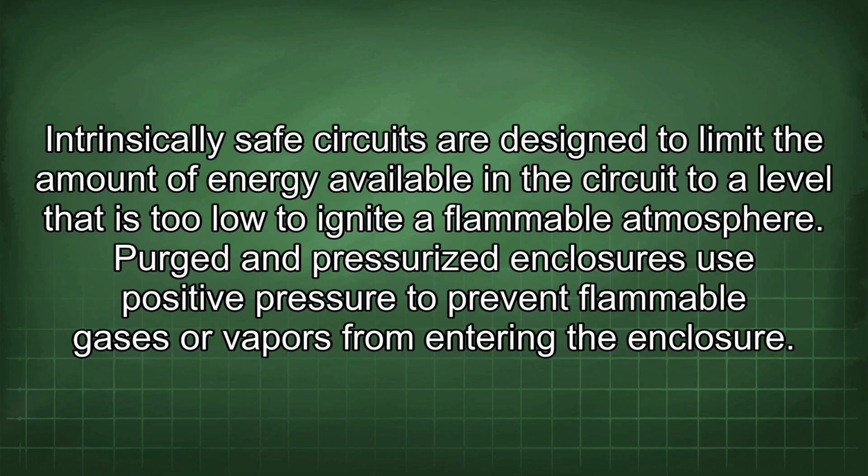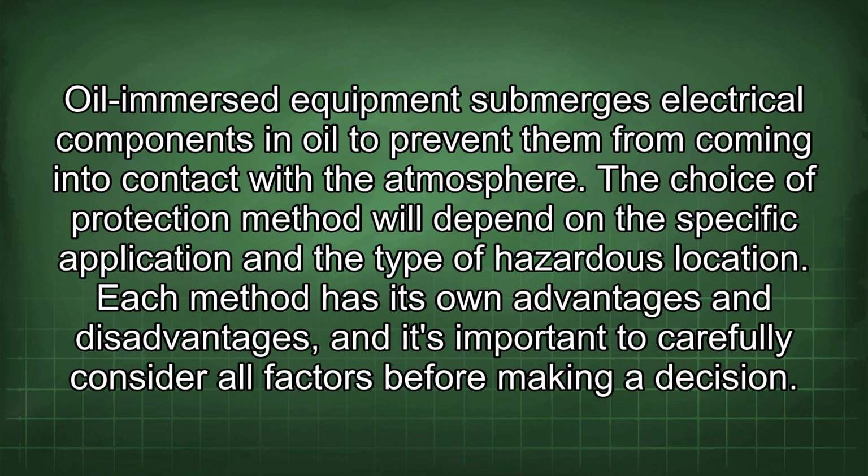Purged and pressurized enclosures use positive pressure to prevent flammable gases or vapors from entering the enclosure. Oil-immersed equipment submerges electrical components in oil to prevent them from coming into contact with the atmosphere. The choice of protection method will depend on the specific application and the type of hazardous location. Each method has its own advantages and disadvantages, and it's important to carefully consider all factors before making a decision.